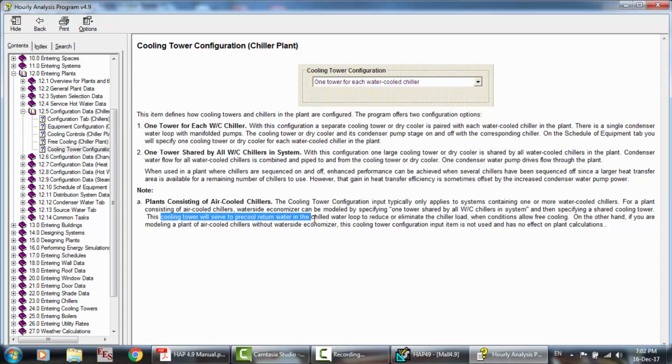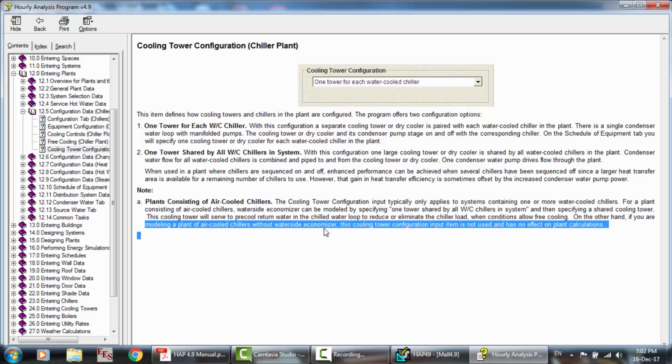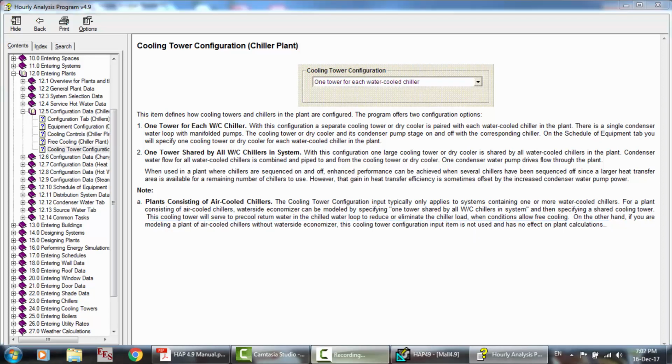This cooling tower will serve to pre-cool return water in the chilled water loop to reduce or eliminate the chiller load when conditions allow free cooling. On the other hand, if you are modeling a plant of air-cooled chillers without a water-side economizer, this cooling tower configuration input item is not used and has no effect on plant calculations.